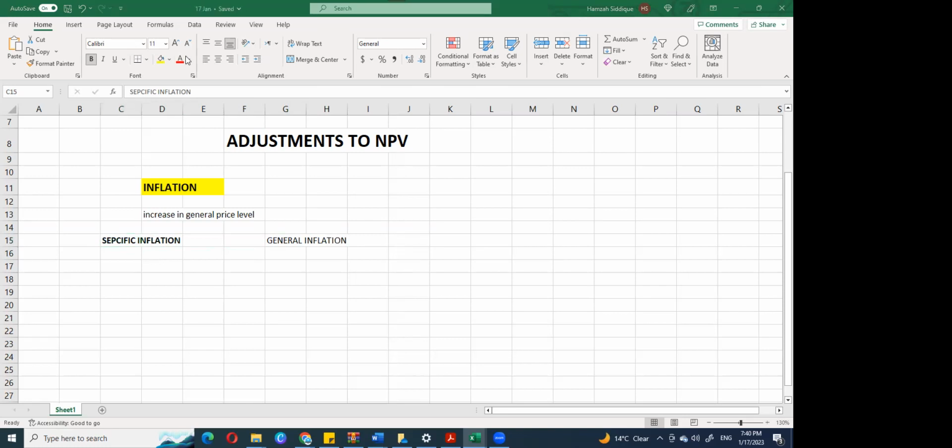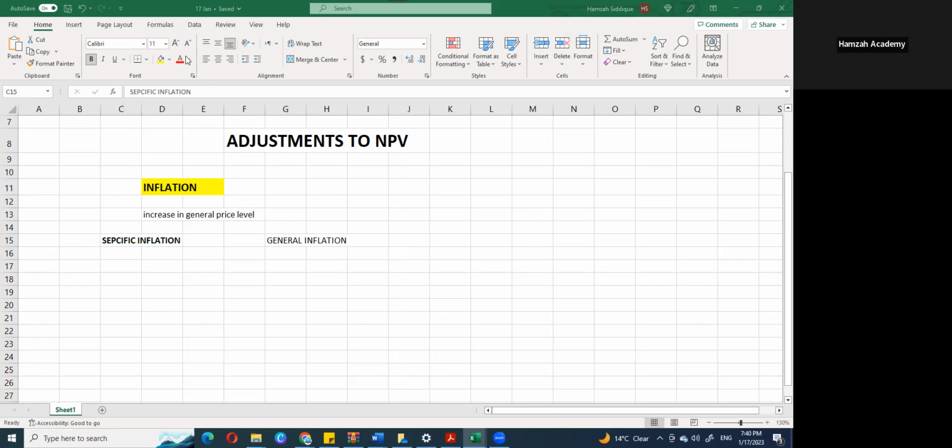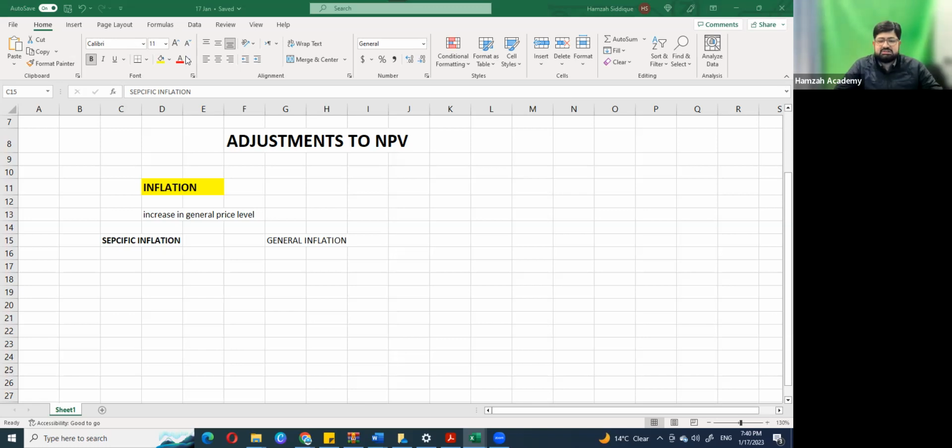For example, we say wheat prices or rice price or petrol price, how much increase? Okay, this percent increase. So that will be the inflation of wheat. That will be the inflation of rice and the petrol.